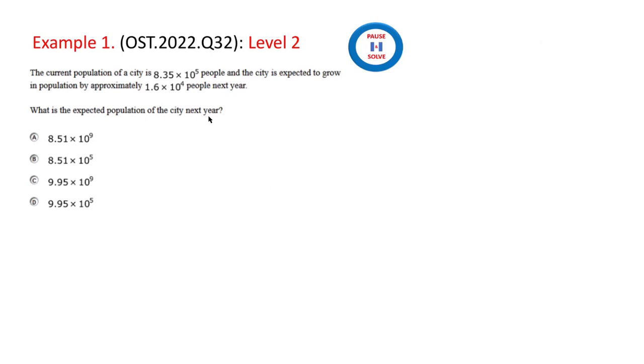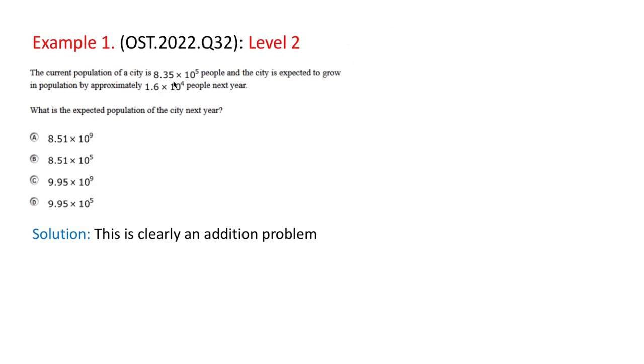So obviously this is an addition problem. So you have to add these two numbers. Now, if you look at those, don't look at those answer choices, just add the numbers and then you see what you get. So they're confusing you here. You will see this -9 in the power 9. So let's not look at this for now. So let's take this and we're adding these two.